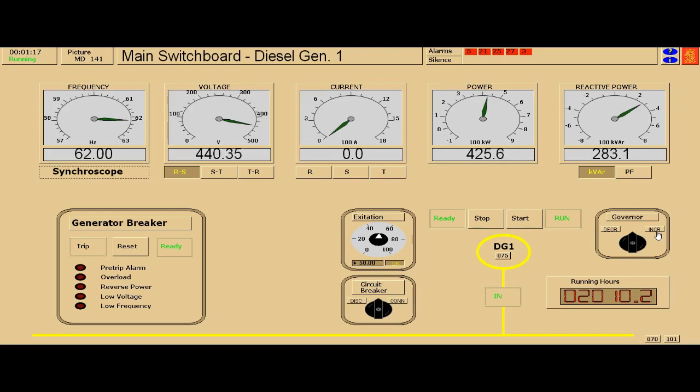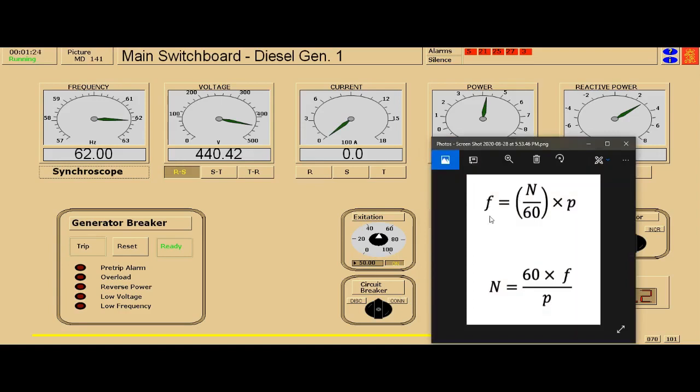So let us predict the RPM using the formula presented here. Since the N in RPM is unknown, we can rewrite this formula into N equals 60 times the frequency divided by the number of poles.